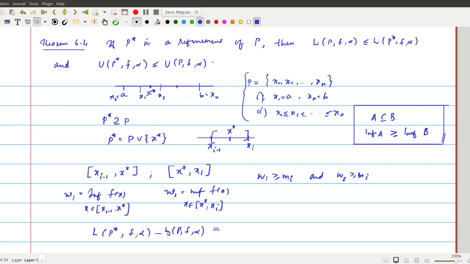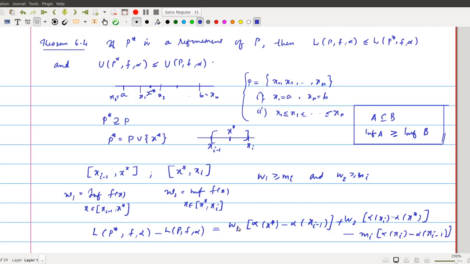So the remaining in the difference will be w1 times alpha of x star minus alpha of xi minus 1, plus w2 times alpha of xi minus alpha of x star, minus small mi times alpha of xi minus alpha of xi minus 1. So these are the two unequal terms in these two sums.